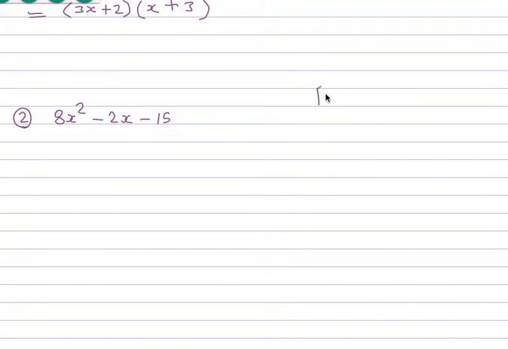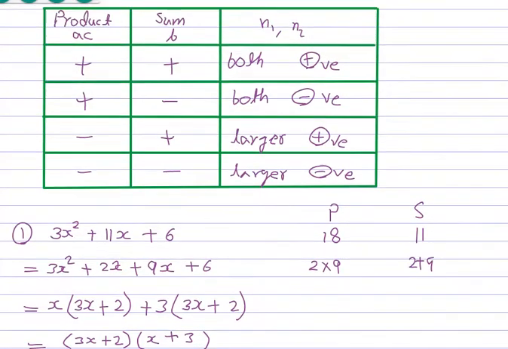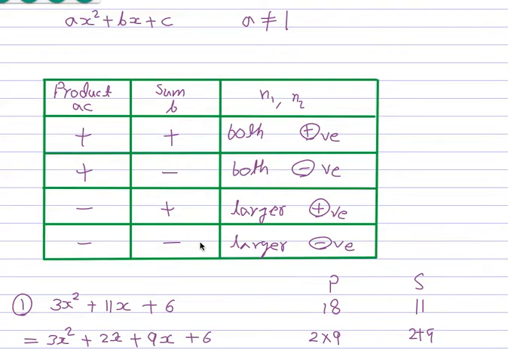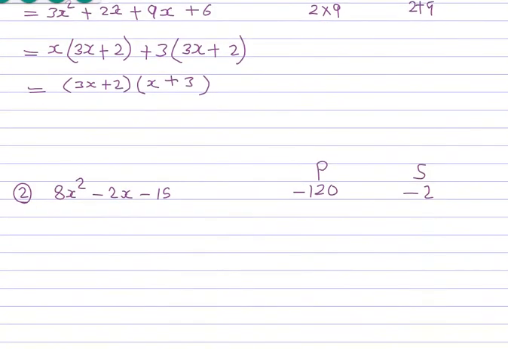Okay, what is your product and sum? The product is 8 times negative 15, 8 times 15 is 120, and negative. The sum is -2. Okay, the product and sum are both negative. So which condition? The last: different sign and the larger number is negative.